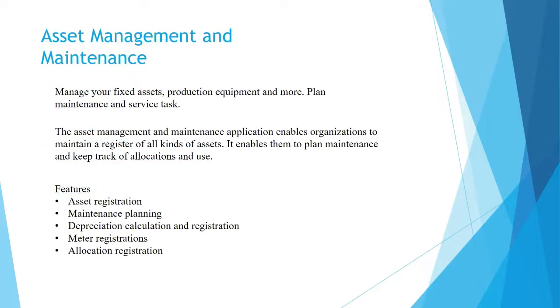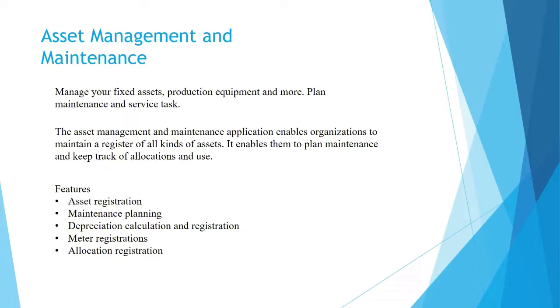Asset management and maintenance. Manage your fixed assets, production equipment, and more. Plan maintenance and service tasks. The asset management and maintenance application enables organizations to maintain a register of all kinds of assets. It enables them to plan maintenance and to keep track of all allocations for use.